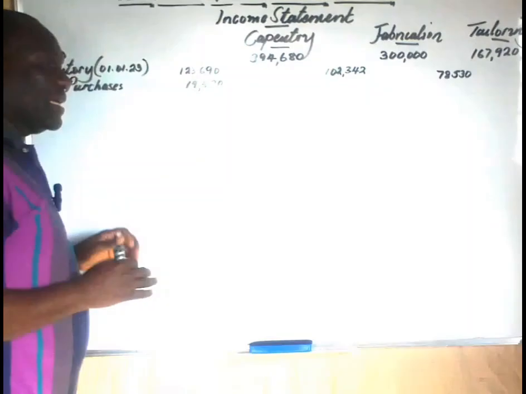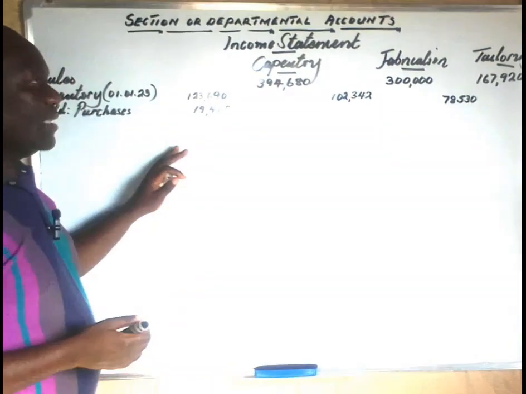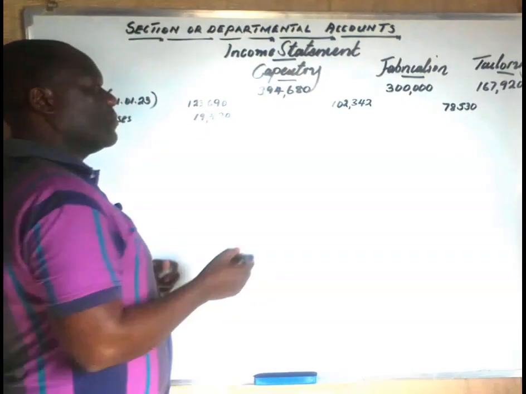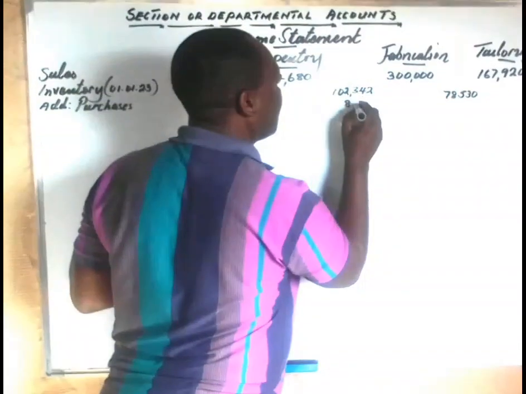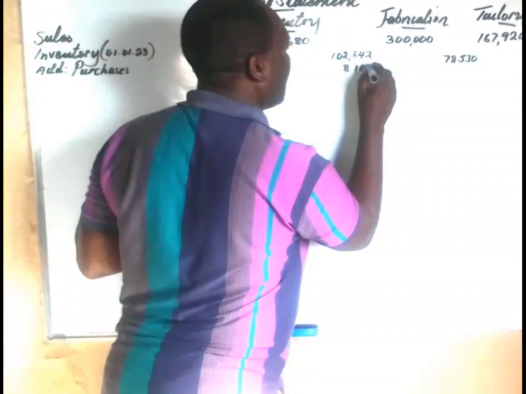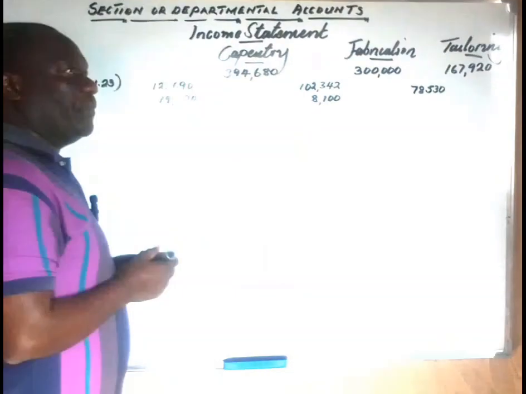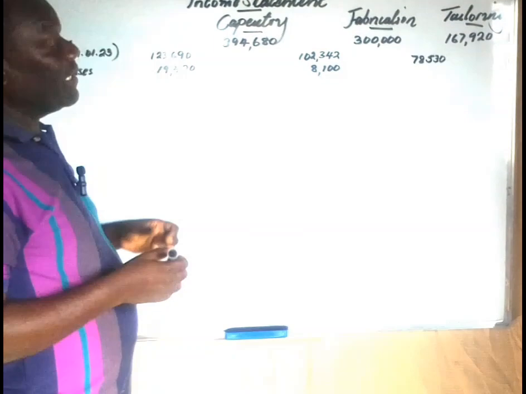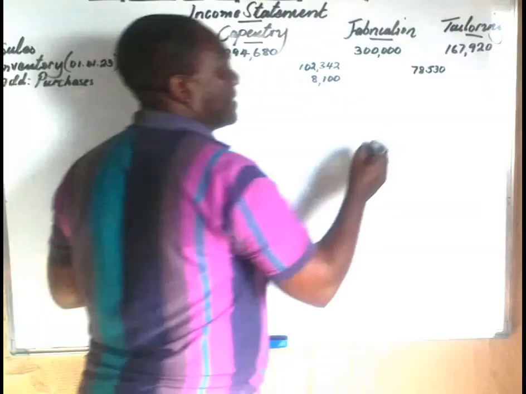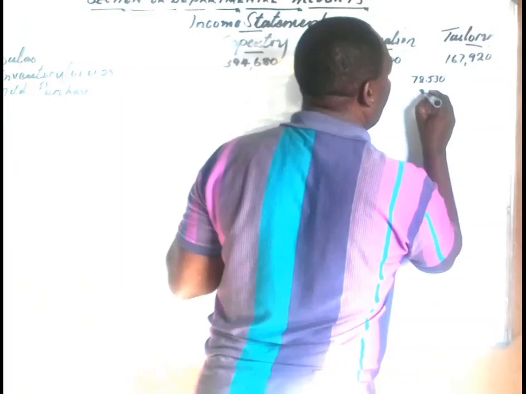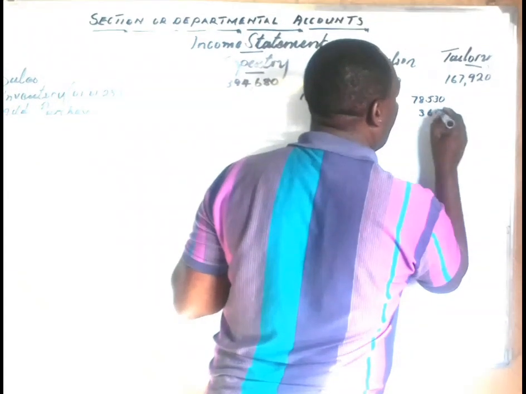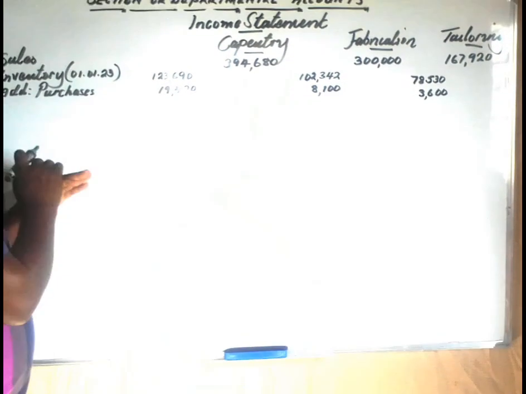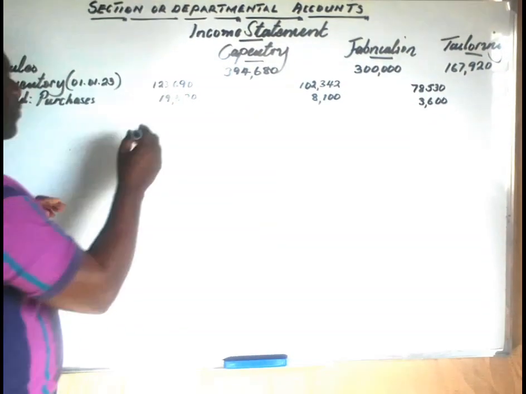That was the purchases for carpentry. Then the purchases for metal fabrication was 8,100. Okay, the purchases for tailoring was 3,600. Okay, there are no adjustments on these, so you add them.